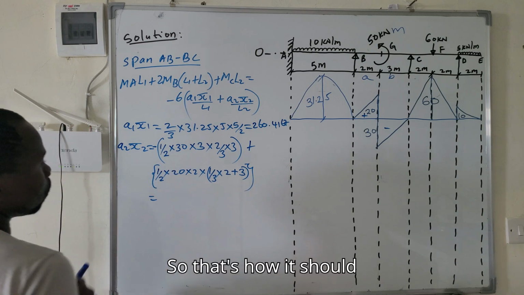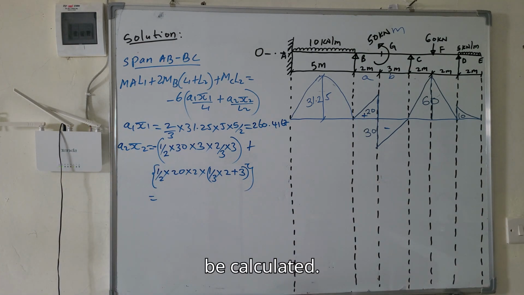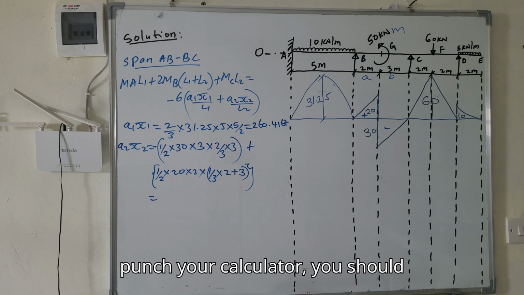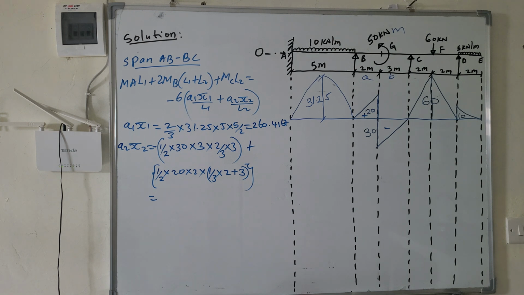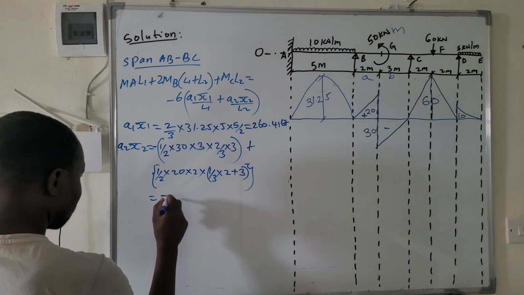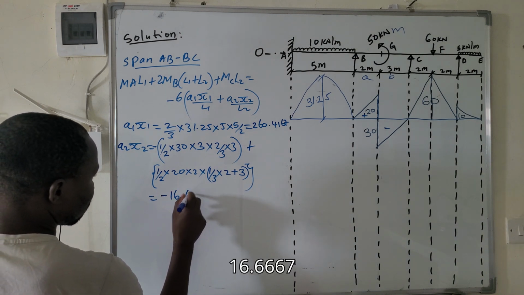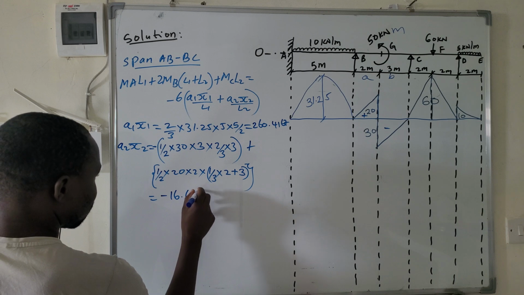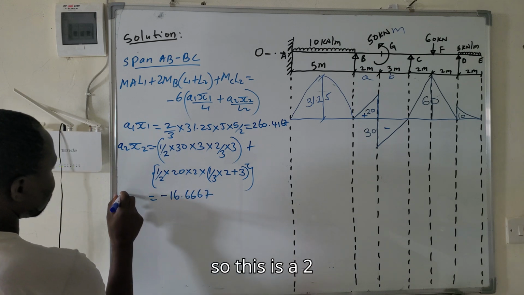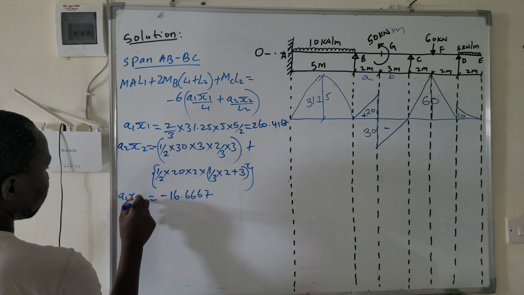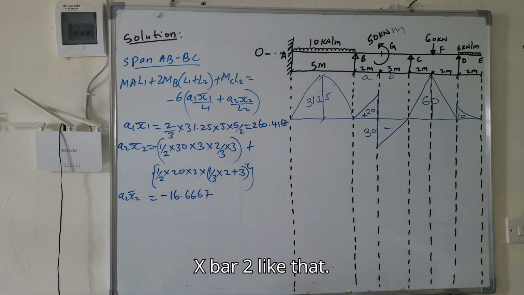So that's how it should be calculated. So if you punch your calculator, you should get minus 16.6667. So this is A2 x bar 2, like that.